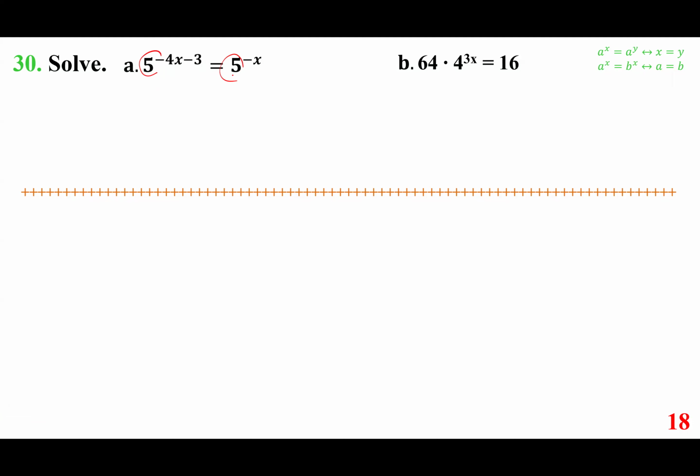So they must have the same exponents. Remove the negative 4x, we make it positive. With negative x becomes 3x, divide by 3, and x becomes negative 1. And you can check it, of course.